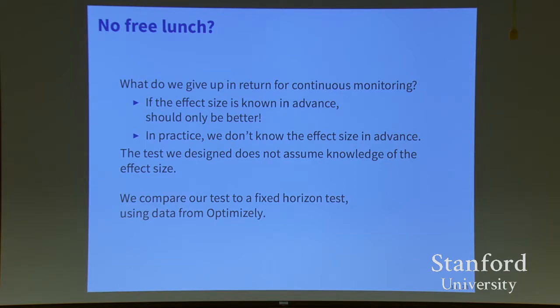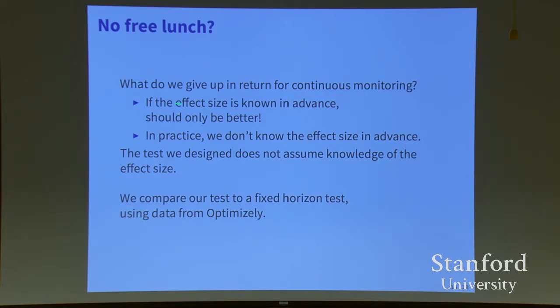You have to give up something in return for continuous monitoring of the test. Even though you've got the data coming in continuously, you're now protecting yourself against a much wider range of things the user could potentially do. So here's the basic question. If the effect size is known in advance, meaning the actual gap between A and B is known in advance, in principle, you should be able to do only better by continuously monitoring, because you've just expanded your feasible region of things you could do.